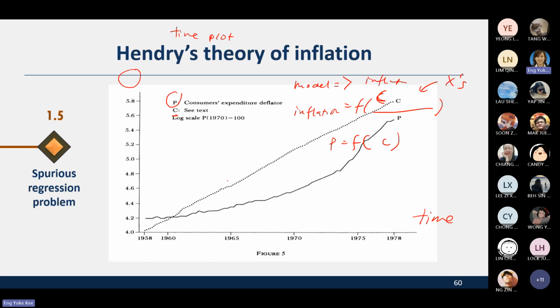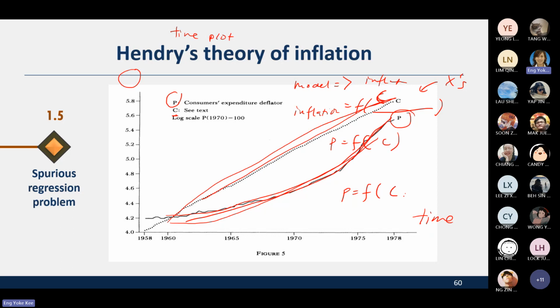So what do you see? You see this inflation P, price, is increasing over time. C variable is also increasing over time, but this one is a linear increment. This one is the non-linear increment. So to better capture this, he is saying that, okay, I need to bring in the non-linearities.